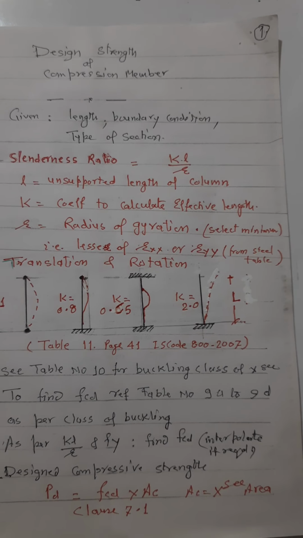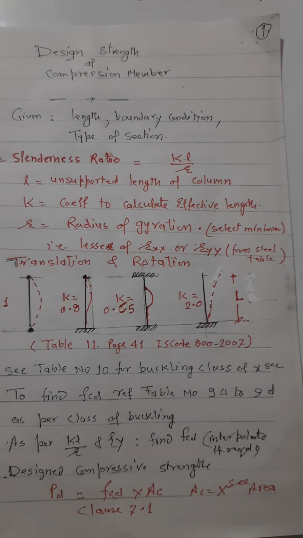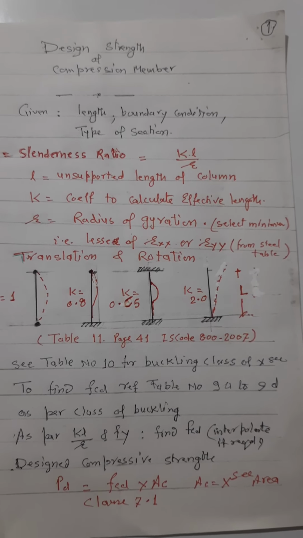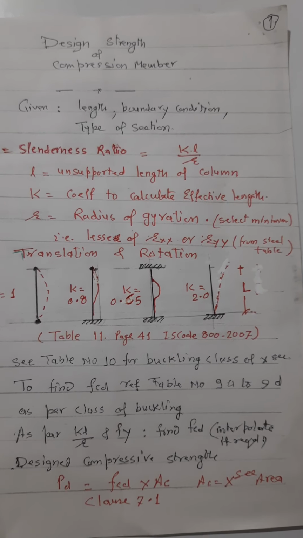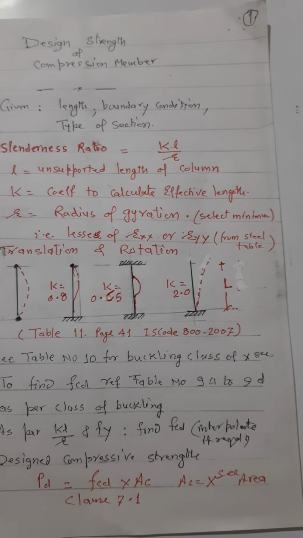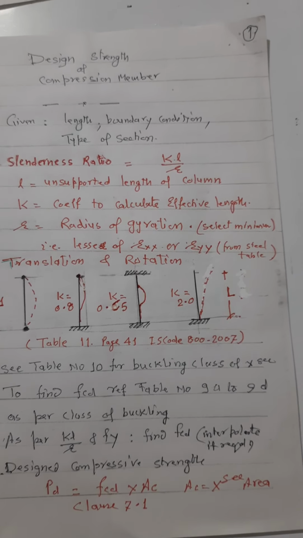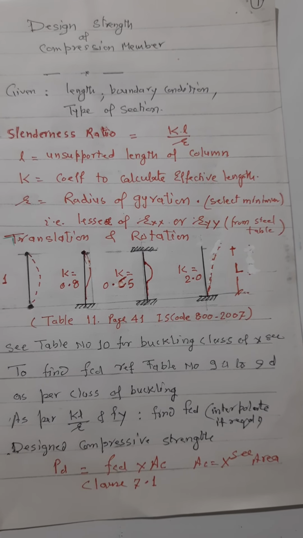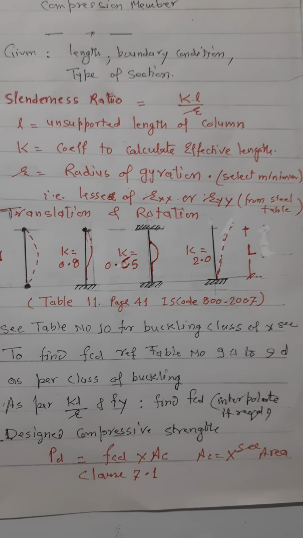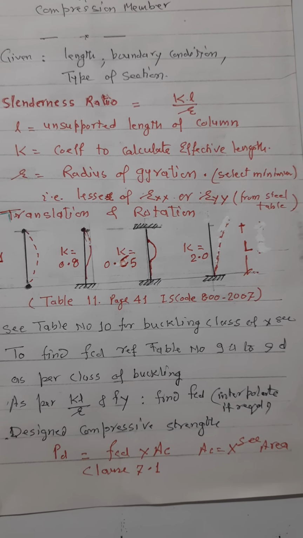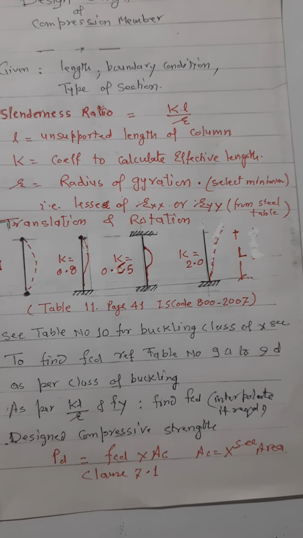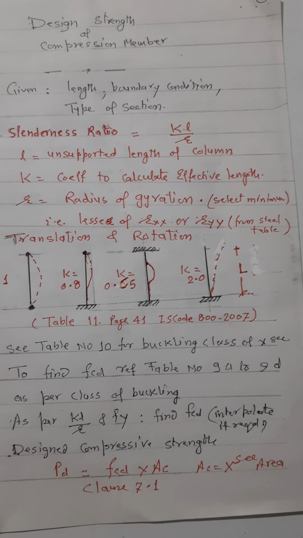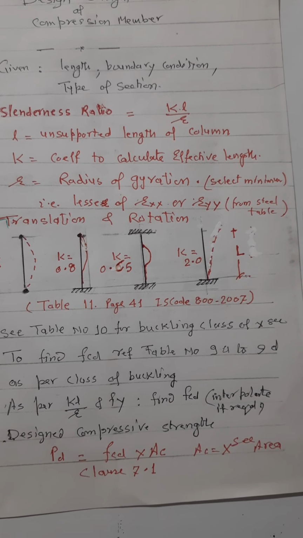From this, calculate the value for the required KL upon R, the value of FCD, the required compressive stress or required design stress. But it is not necessary that the value is listed. Suppose KL upon R is between 90 and 100, say 94.